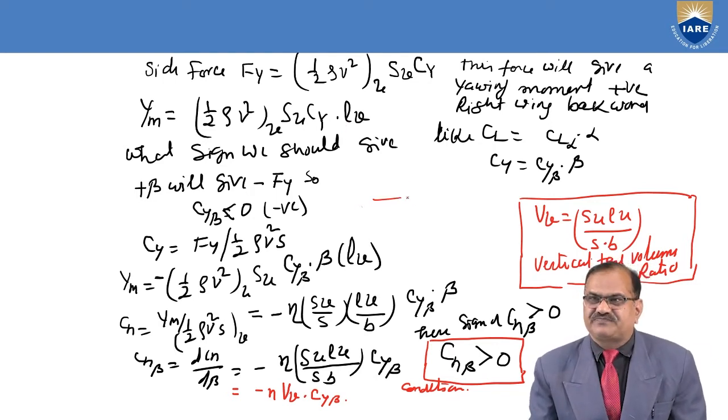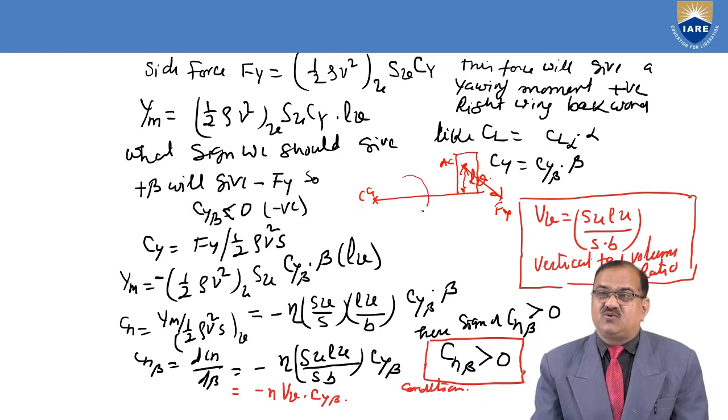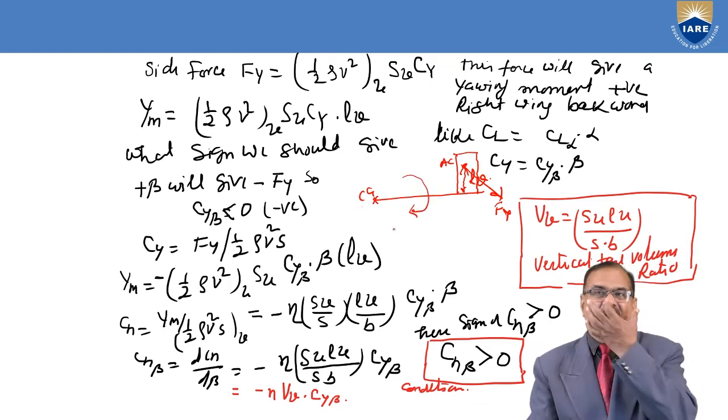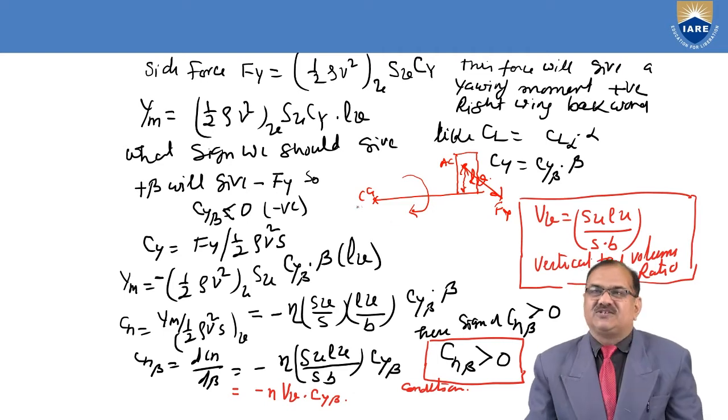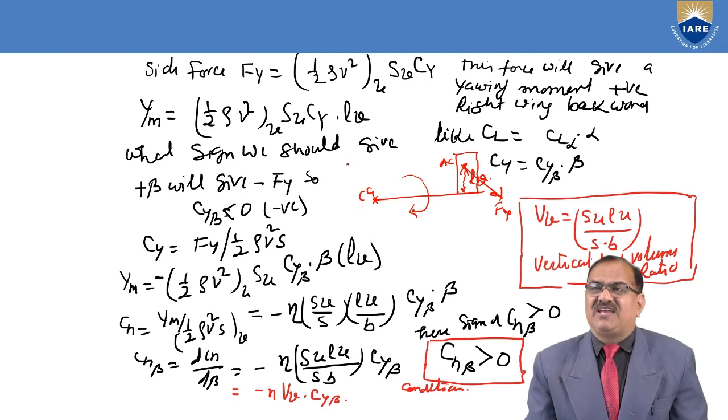If you see here, this is the vertical tail. Here is the CG, and here is the AC of the vertical tail. This vertical distance is called the LV. This force Fy is acting here, and Fy into this distance will try to turn the aircraft in this direction. So now this will give a positive yawing moment.